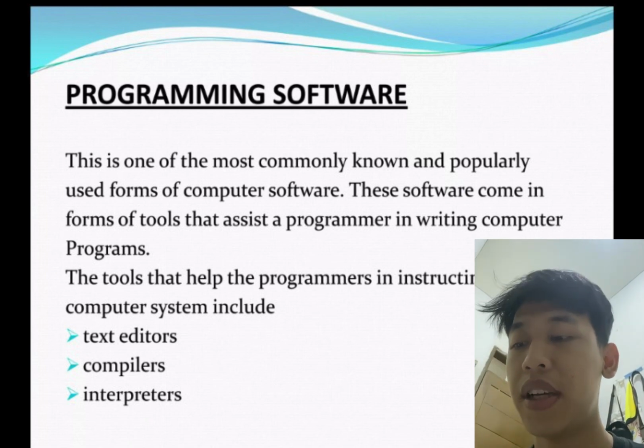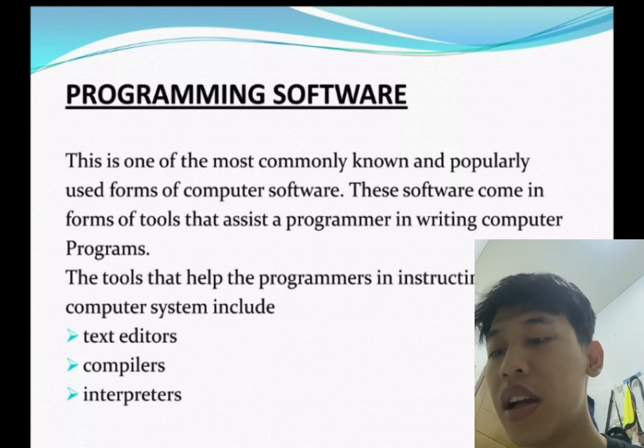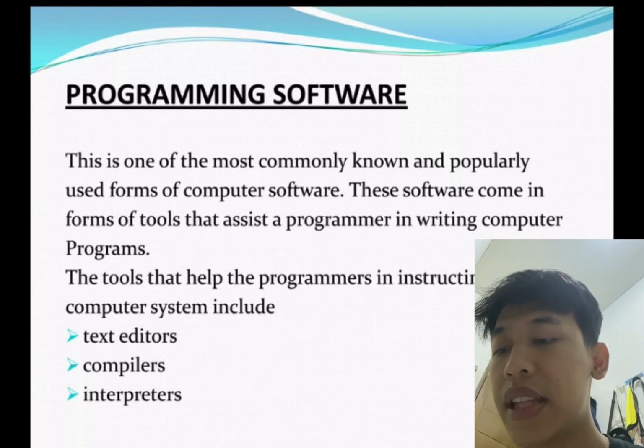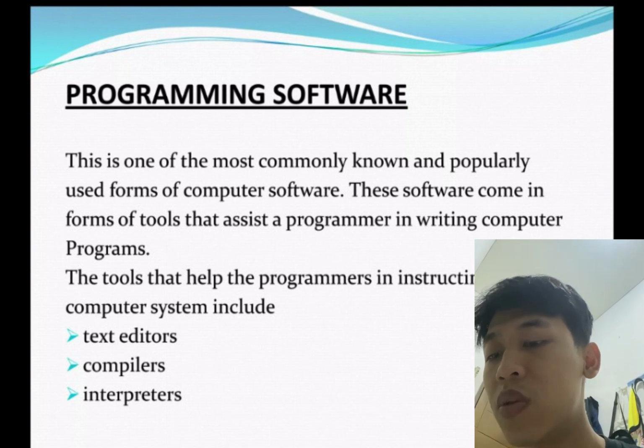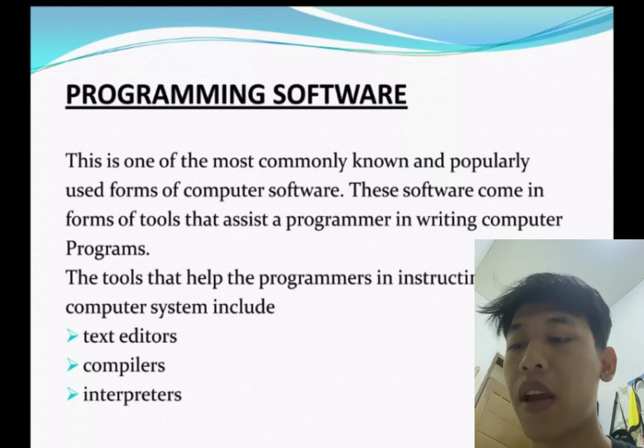For the last page is programming software. This is one of the most commonly known and popularly used forms of computer software. The software comes in the form of tools that assist a programmer in writing computer programs.